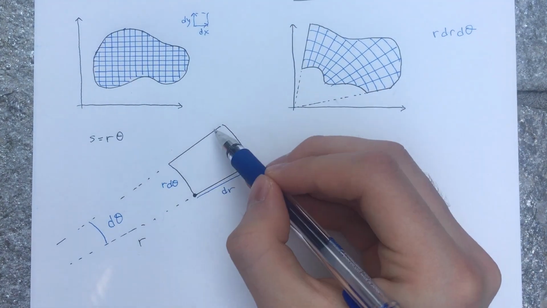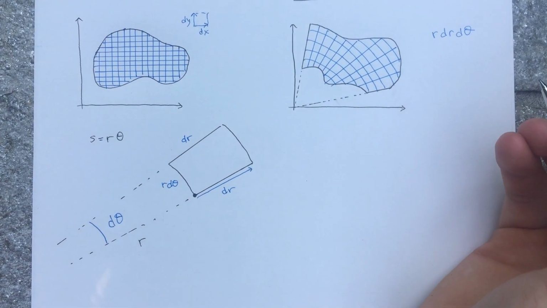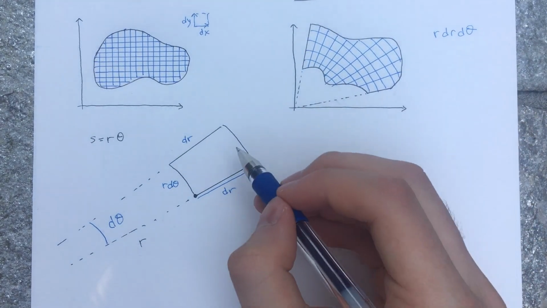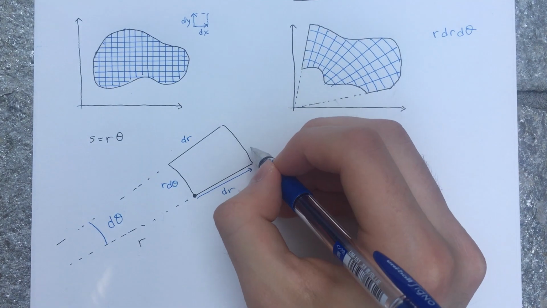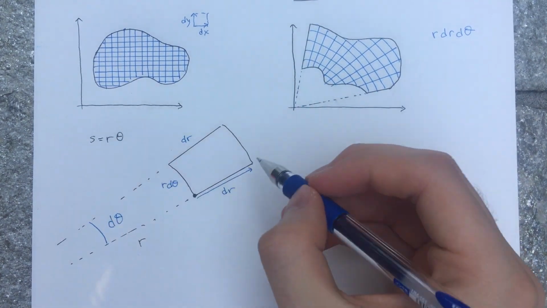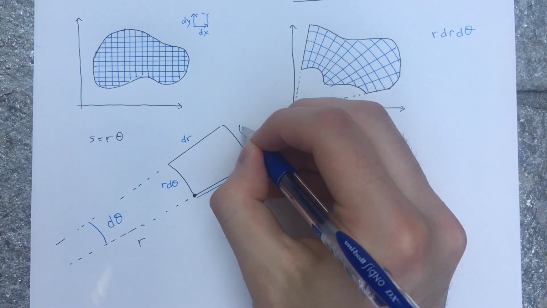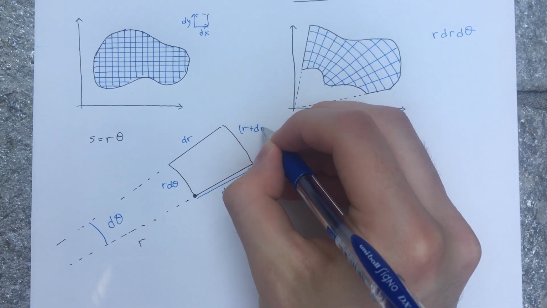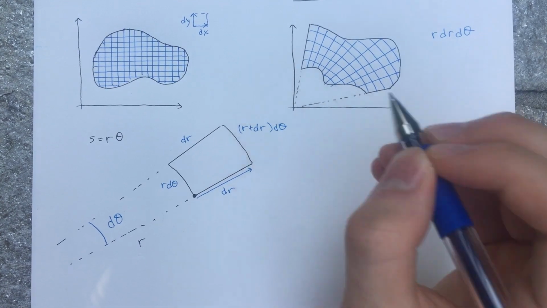We know this is also moving by dr, so this is also dr. And this right here is going to also be r times theta, but the r is this time r plus dr, so we'll have r plus dr times d theta.